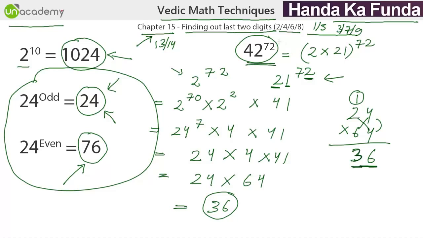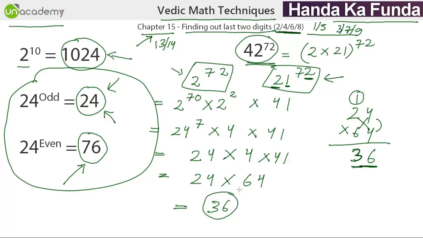Whatever number is given to you, if it was ending in 4 or 6 or 8, it was essentially an even number. You divide it into two parts, the even part and the odd part, and you solve them separately. Once you solve them separately, in the end you will just be left with a product of a few two-digit numbers, multiply them and get your overall answer, as you got 36 in this case.